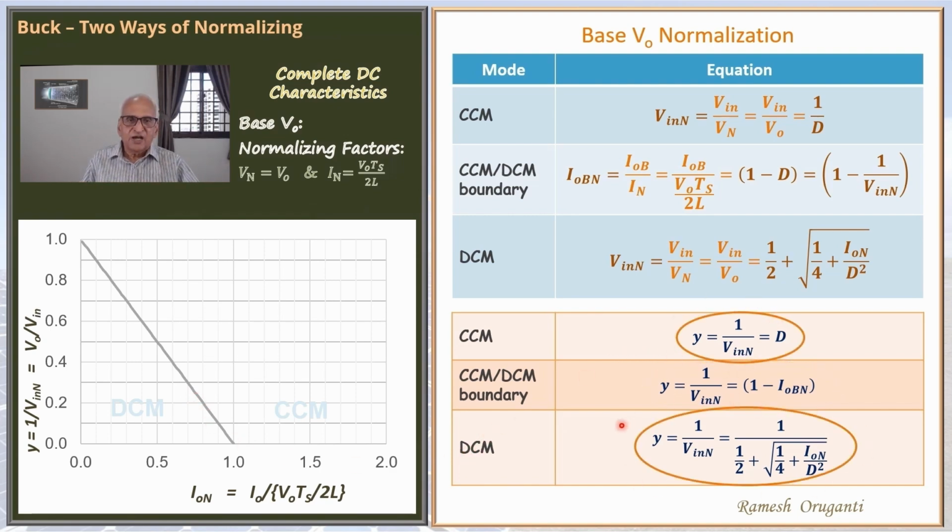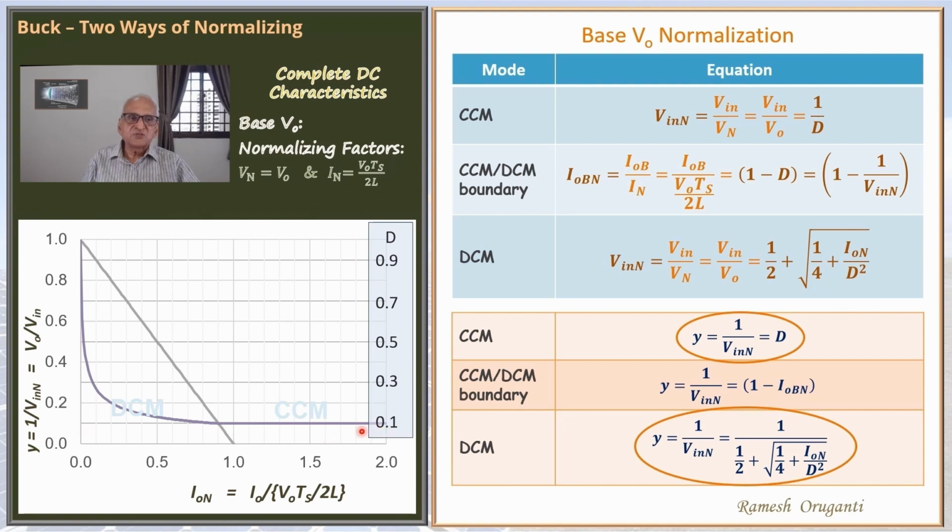So here I have plotted the CCM characteristics and DCM characteristics for D equal to 0.1. So under CCM, until you reach the boundary, Y is constant, V0 by Vin is constant. Y is D, D is equal to 0.1, so V0 by Vin is 0.1.